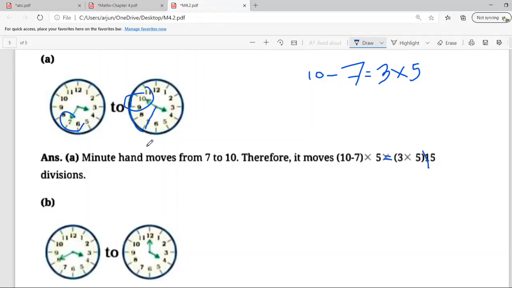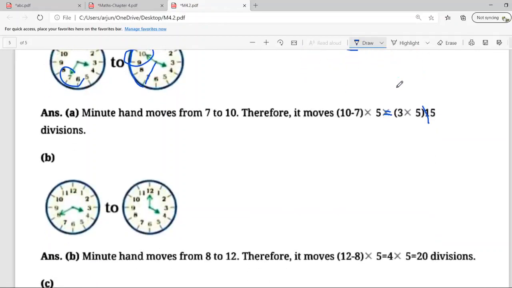The method which I explained earlier can also be useful, but to not consume much time, we can use this method. You just subtract the smaller number from the larger number on the minute hand. Keep in mind we are calculating for the minute hand now. So subtract it, multiply by 5.